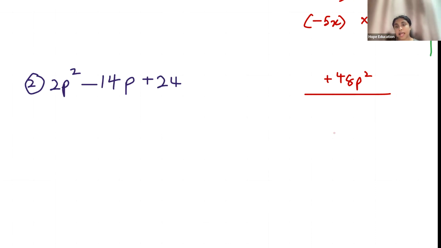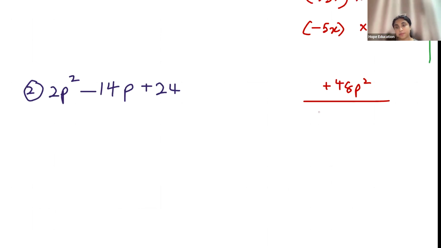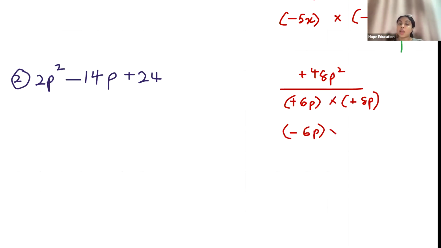I'm going to take plus 6p multiplied by plus 8p. So 6 times 8 is 48, p times p is p squared, plus times plus is plus. Or we can get minus 6p multiplied by minus 8p, because 6 times 8 is 48, p times p is p squared, minus times minus is plus. Now we will add.